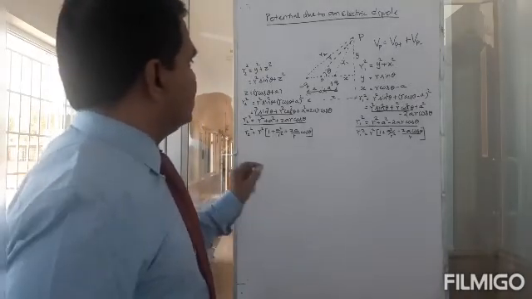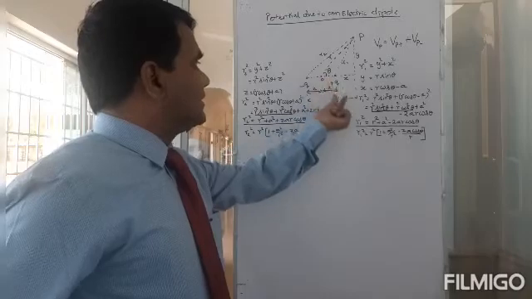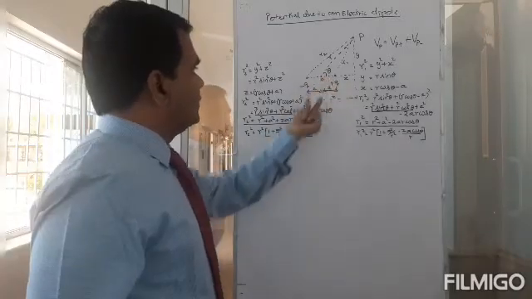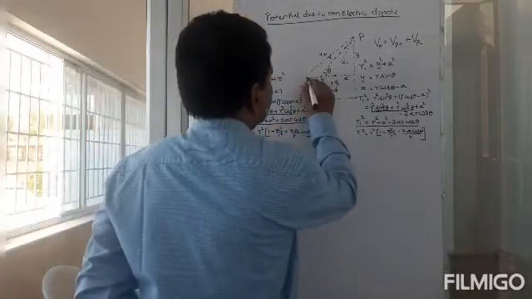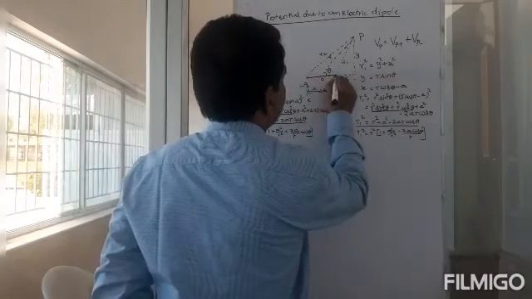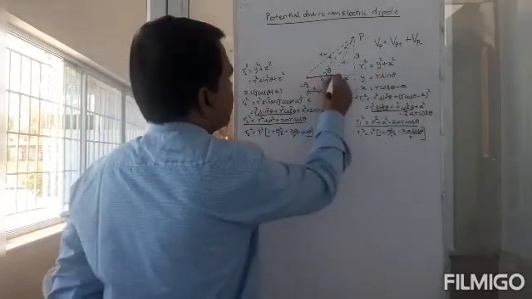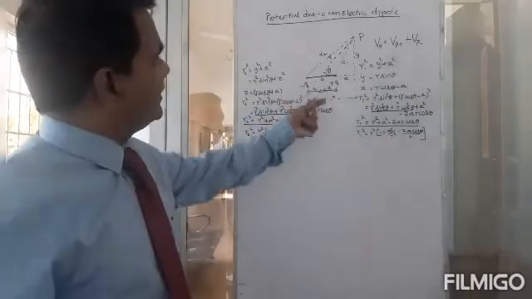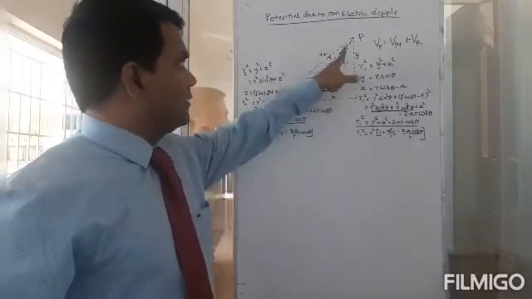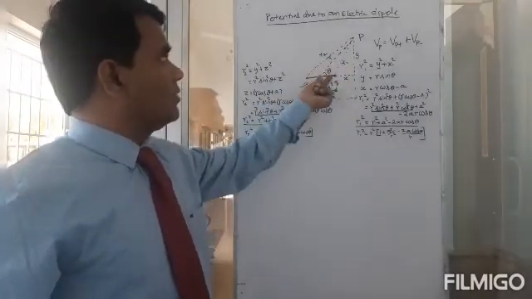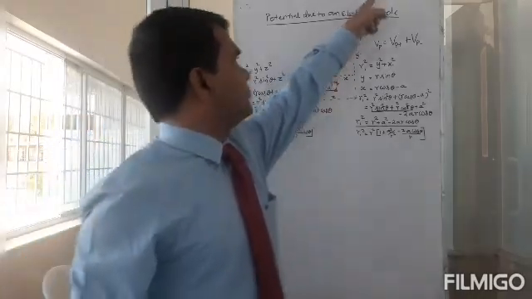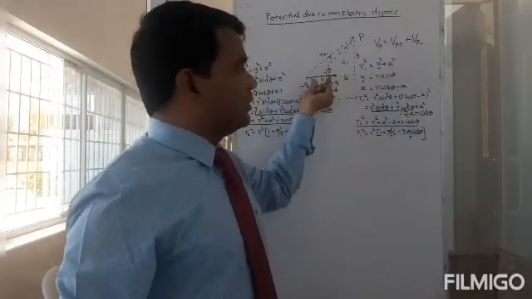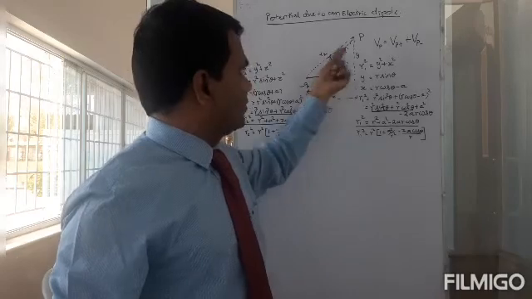You see, this is a dipole, and a is very small compared to this r. So I can ignore it, because this distance is very, very small.